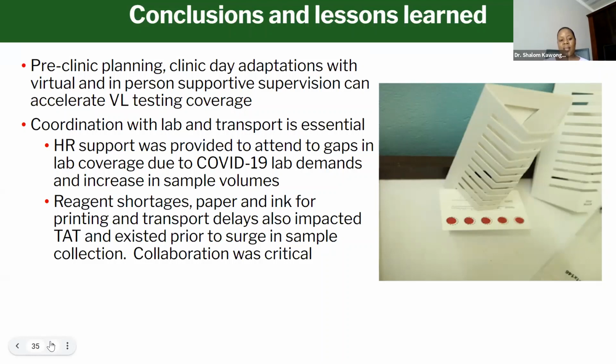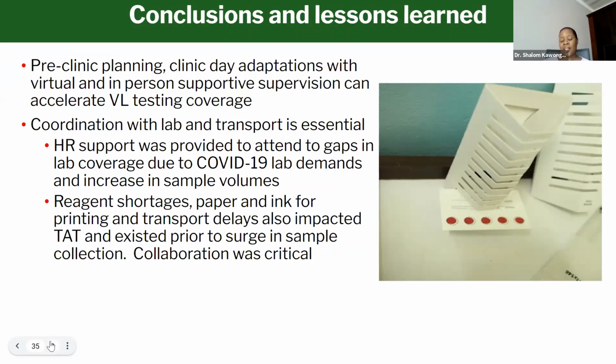So during this time, as you can imagine, the labs were overwhelmed with COVID-19 testing, but also all of our increased viral load sample collection did really increase demand on the laboratory. So as Baylor Malawi, we provided HR support to the laboratories to improve efficiencies.